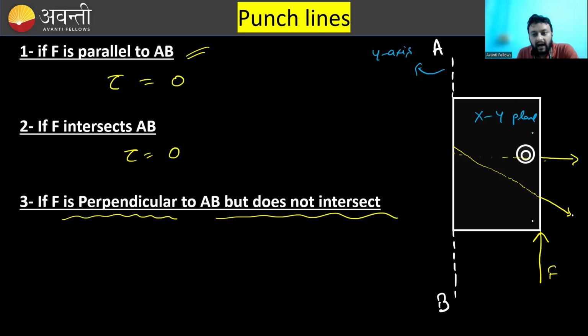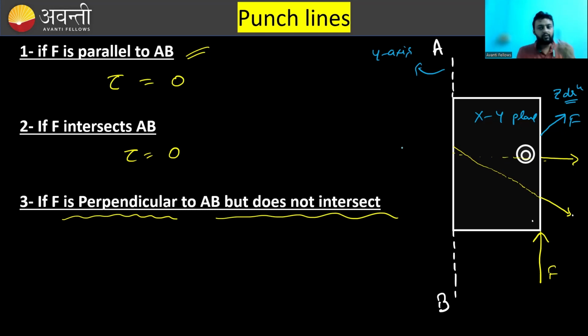Now, listen to me. I have applied a force in the Z direction. The axis of rotation is along the Y axis, but the force is along the Z axis. Can you say that both these things are perpendicular to each other?